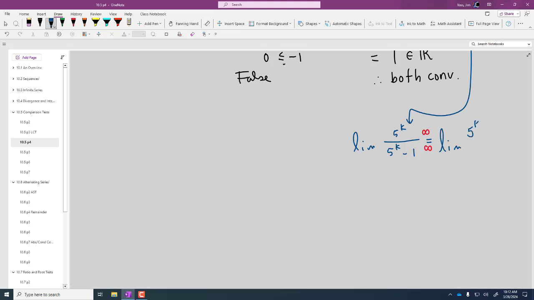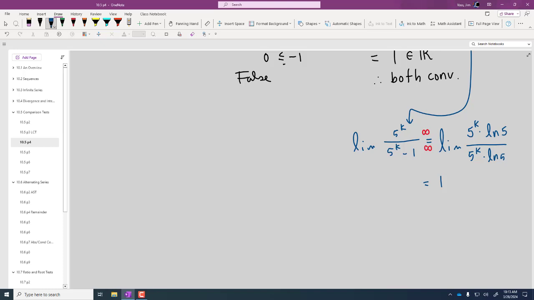The derivative of an exponential is itself, multiplied by the derivative of the exponent, which is 1, multiplied by the natural log of the base. In the denominator, you get the same derivative, because the derivative of minus 1 is 0. So you also get 5 to the k times natural log of 5. Everything cancels and you get a 1. Same conclusion.